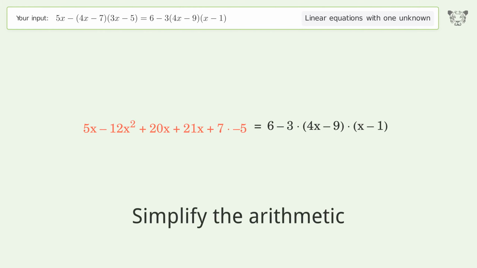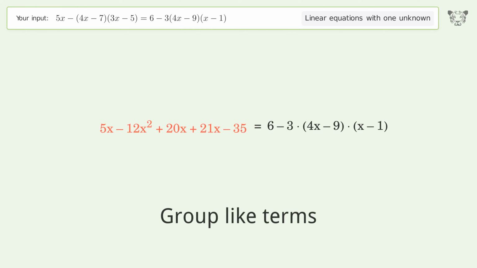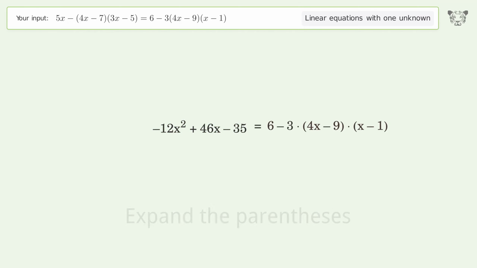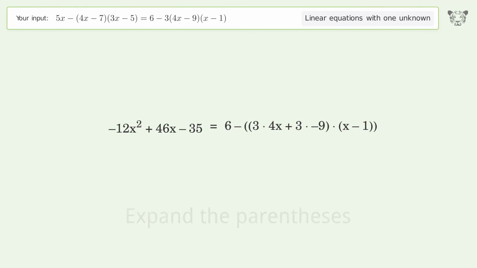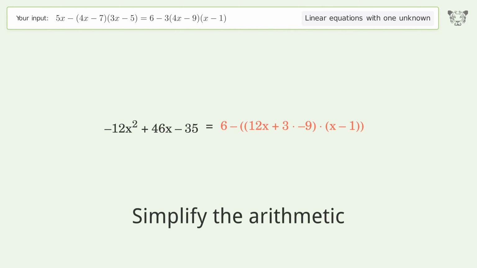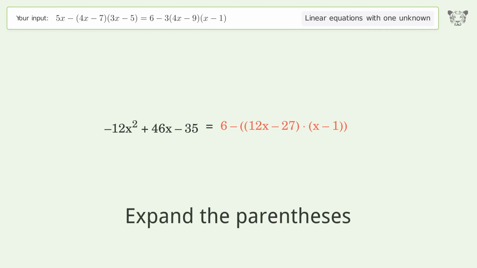Simplify the arithmetic. Group like terms. Simplify the arithmetic. Expand the parentheses. Multiply the coefficients. Simplify the arithmetic. Expand the parentheses.